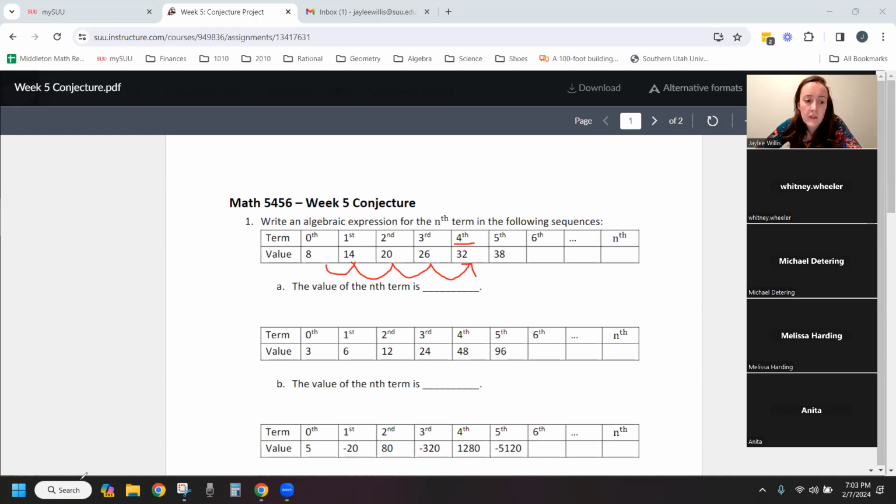So is everybody good with what Melissa's formula tells us? If we replace the X with an N, that's what we could say the value of the nth term is. It doesn't really matter what variable you use, whether it's X or N. Does that make sense to everybody why that formula would describe the nth term?